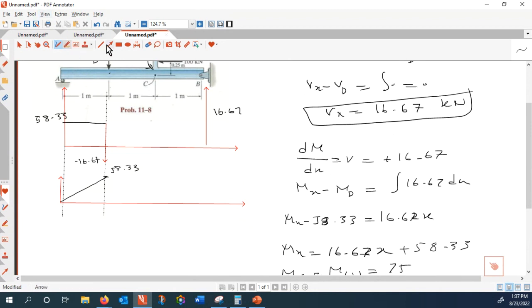So here, by going from point B to C, I mean this one, that doesn't change.